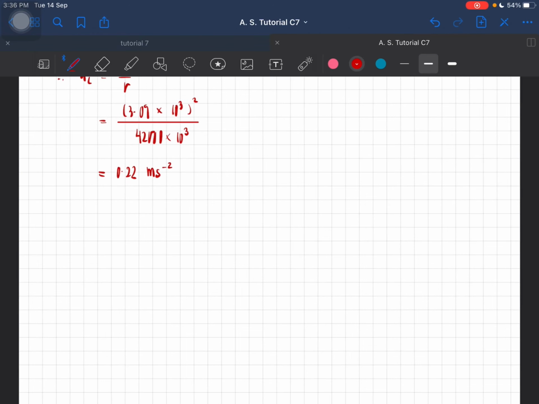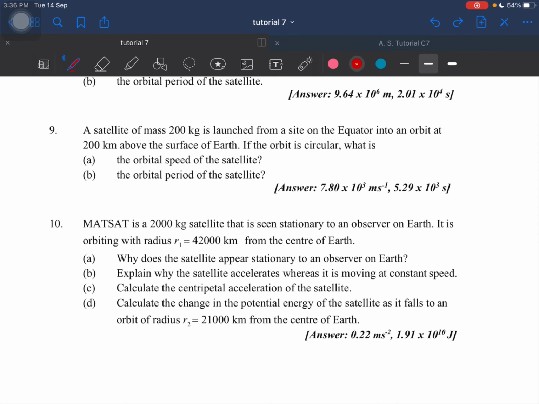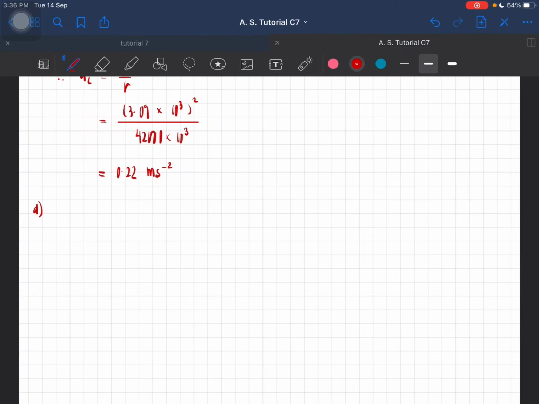Okay, and then the final question, we have to find the change in potential energy of the satellite as it falls through a radius of 21,000 kilometers from the center of the Earth.